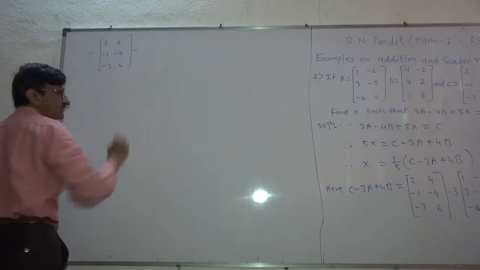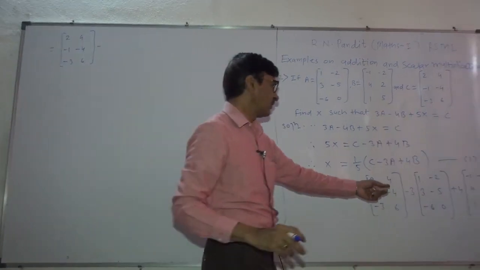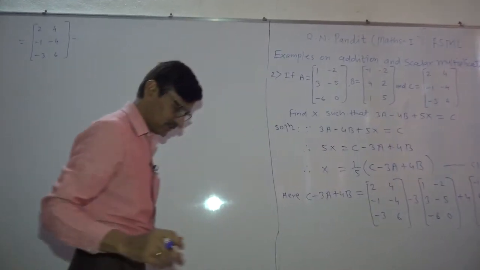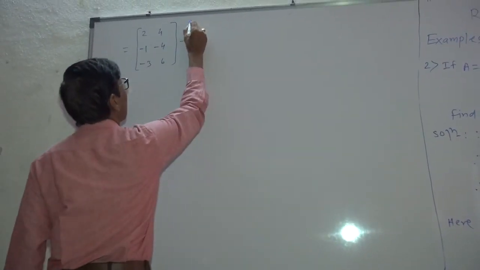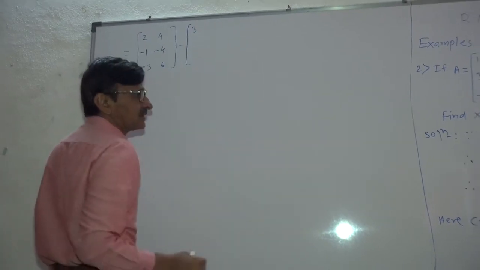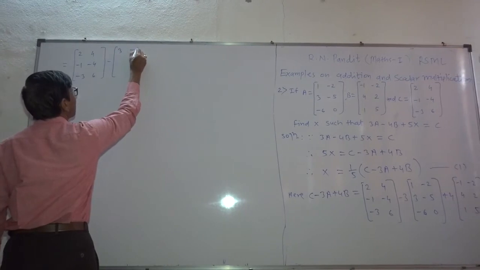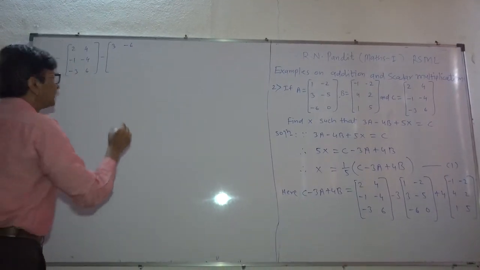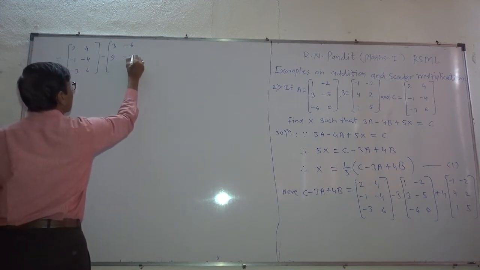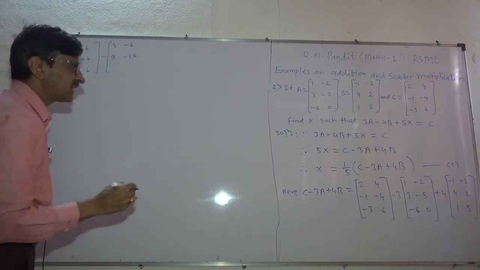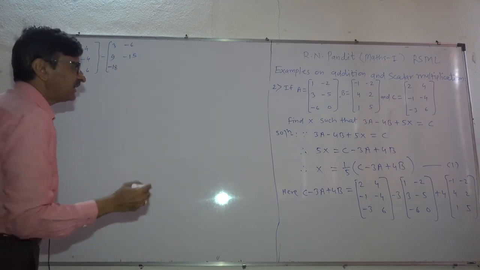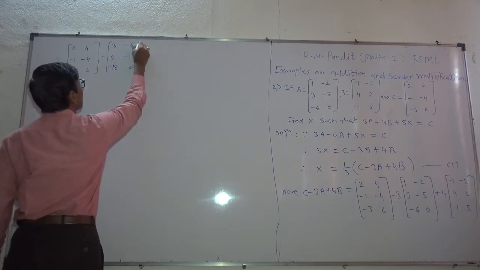Now, here minus 3 into, now we multiply each element of this matrix by 3. So 3 multiplied by 1 is 3, 3 2s are 6, that is minus 6 with negative sign, 3 3s are 9, then 3 5s are 15 with negative sign, minus 15, then 3 6s are 18 but negative sign, minus 18, and 3 into 0 is 0.